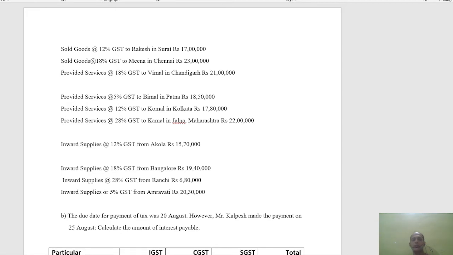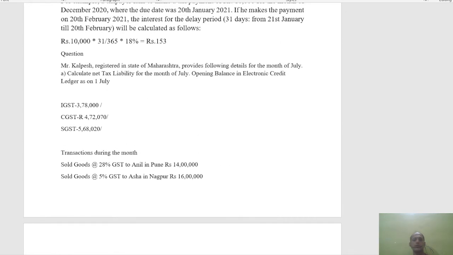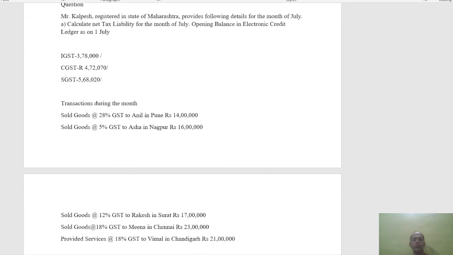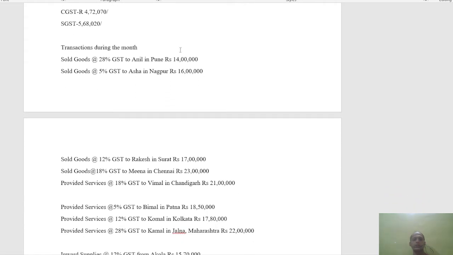Now, before that, one point you have to keep in mind is that Mr. Kalpesh is registered in Maharashtra. And these are his outward liabilities. Pune and Nagpur are intrastate supplies, so CGST and SGST will come in both cases.